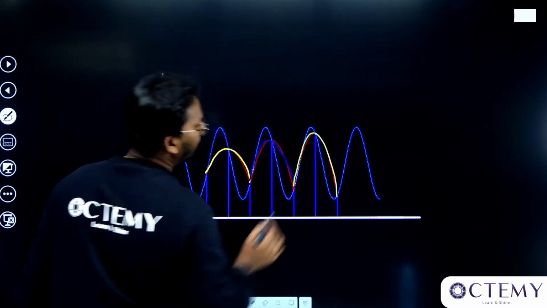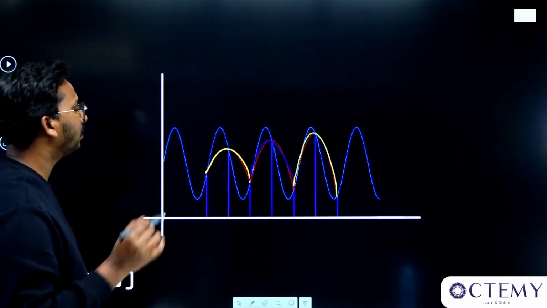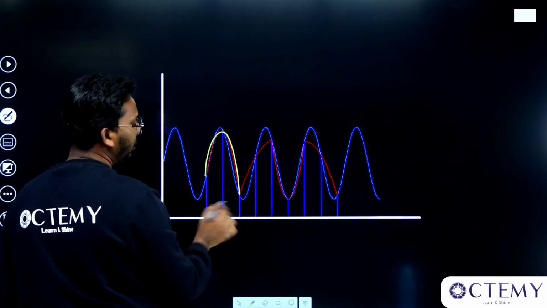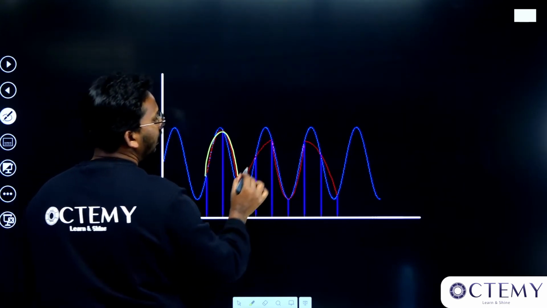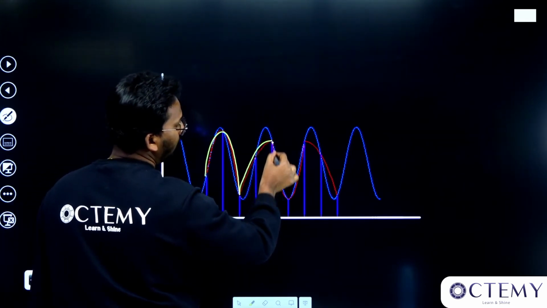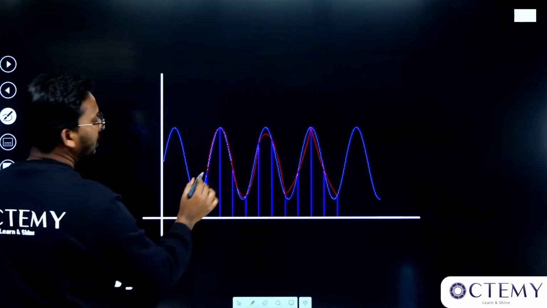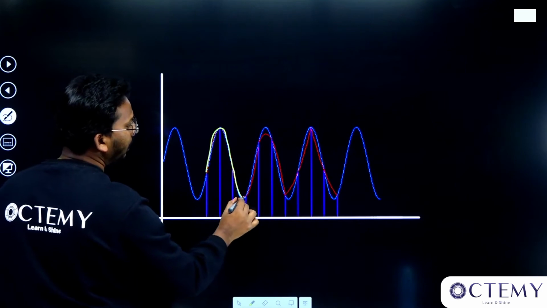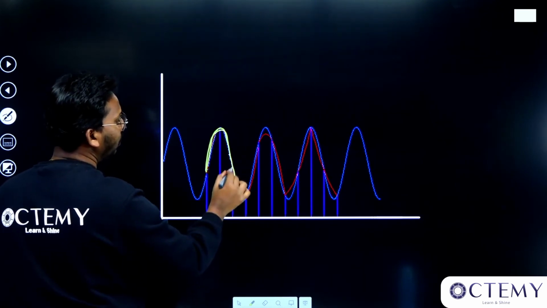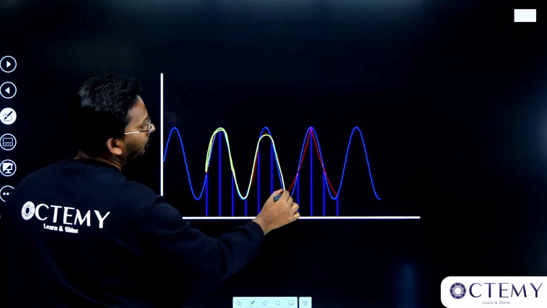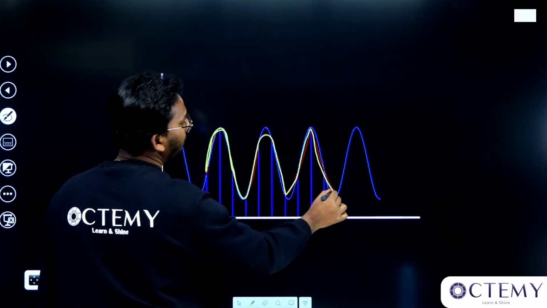Now if you see, the error is reducing. Let me increase one more point, sir. For one parabola you need 2 intervals, that means 3 points. Here another parabola, here another, here another, right? When you increase again, from here to here is one parabola, from here to here another, and so on.